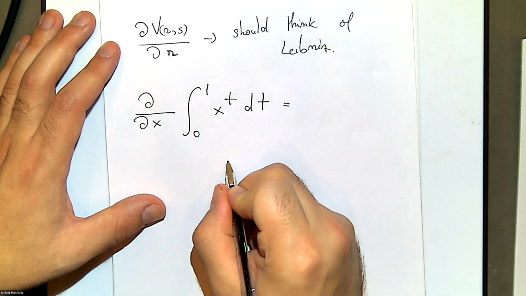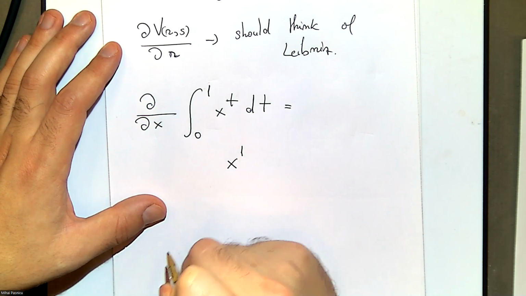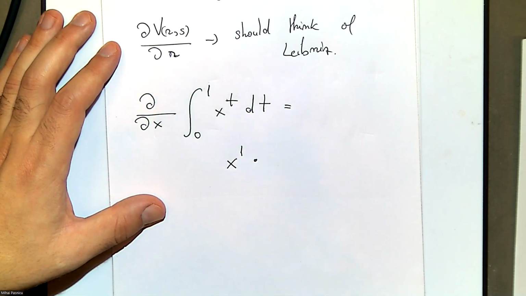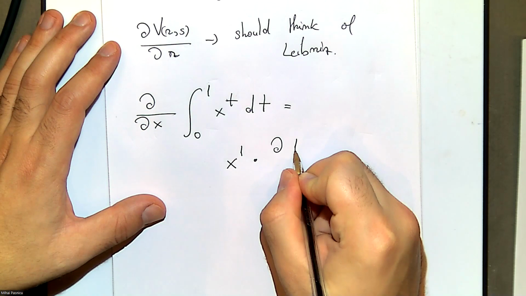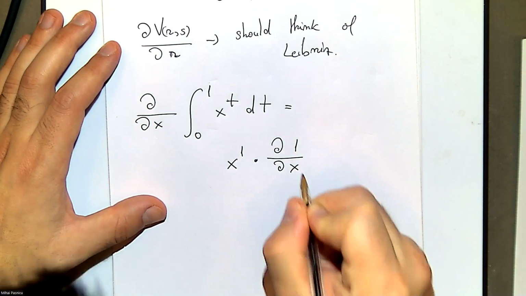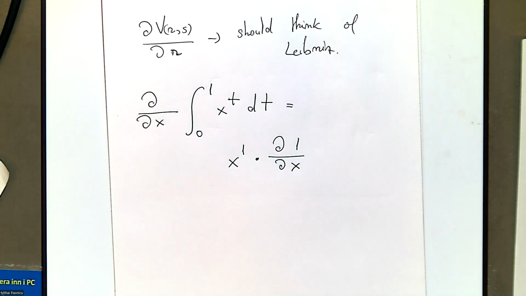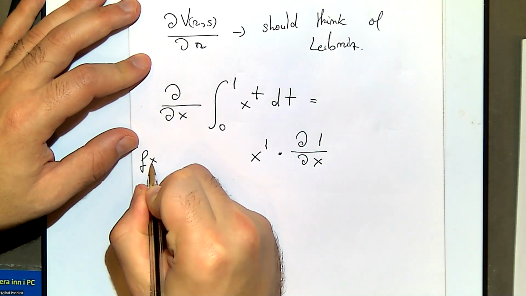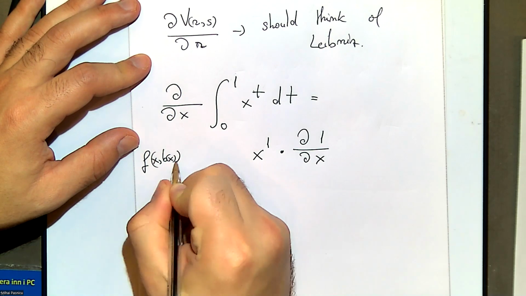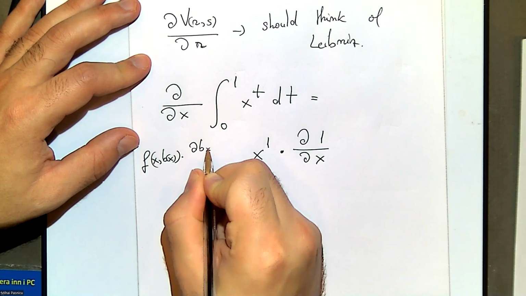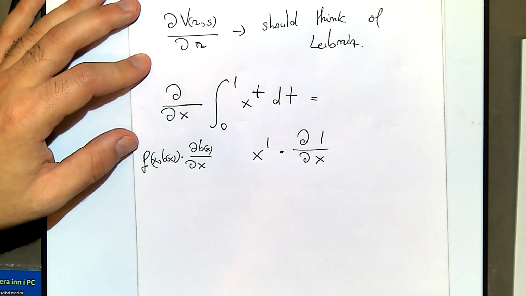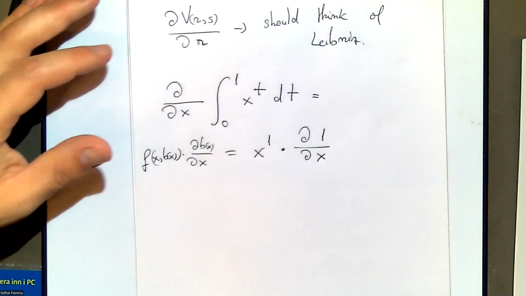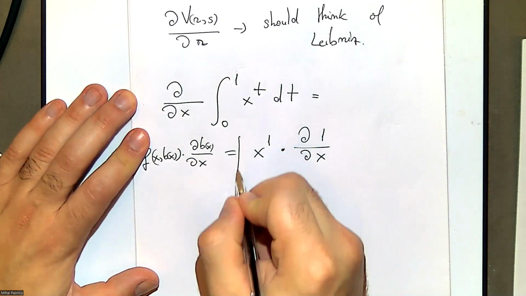So I just have x to the power of 1 times the derivative of 1 with respect to x. Right, this is the first term. I'm going to write it right here. The first term is f of x, b of x, times the derivative of b of x with respect to x.